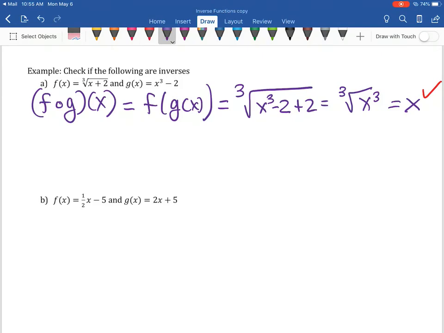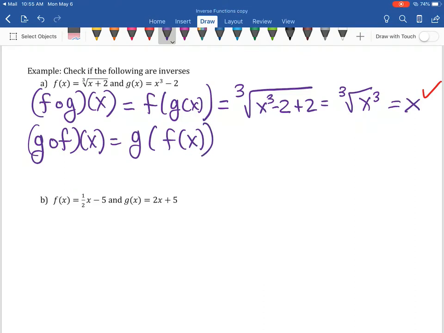Now let's check in the other direction, where I take g and plug in f of x into g. So that means I'm going to take the cubed root function and plug it into the x cubed minus 2 function. So I have the cubed root of x plus 2 all cubed, and then I subtract 2.